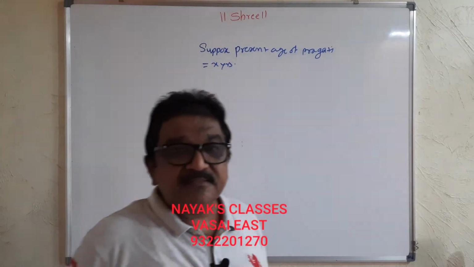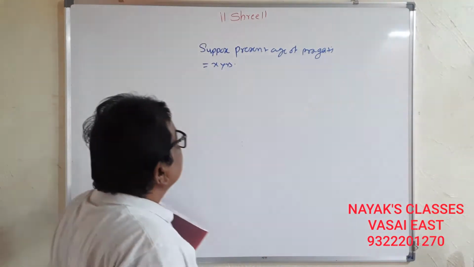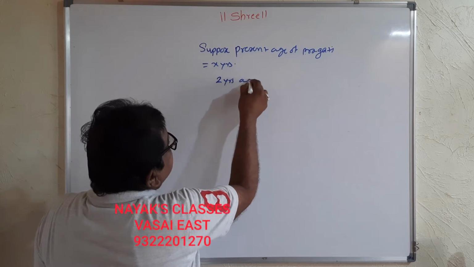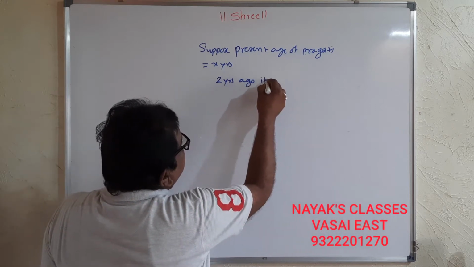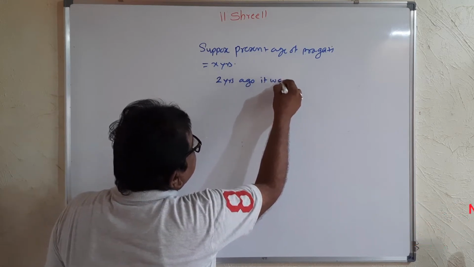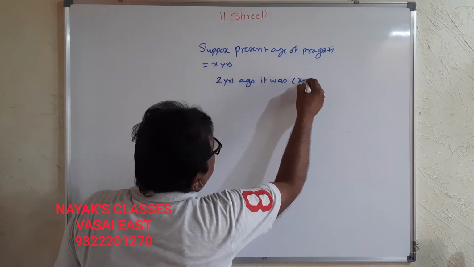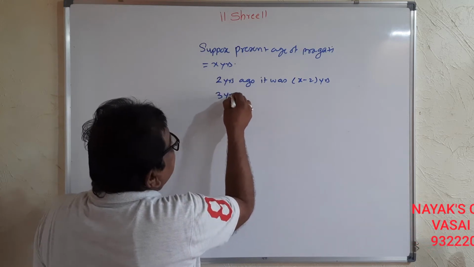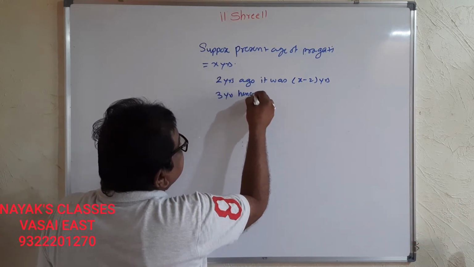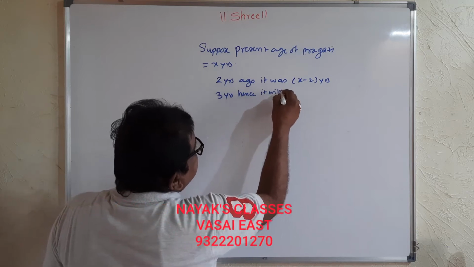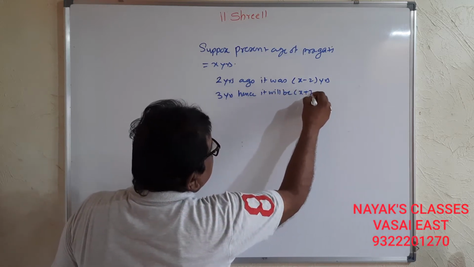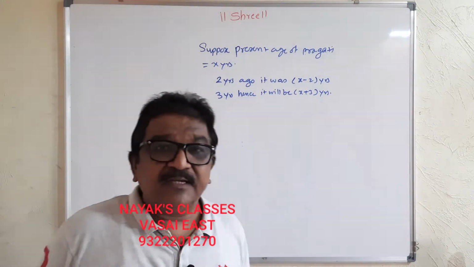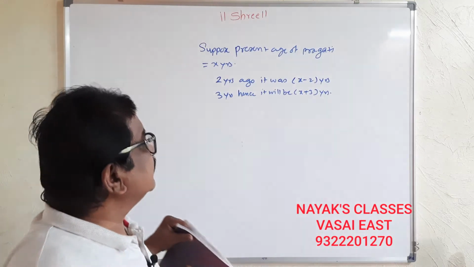So today's age is x years. 2 years ago, it was x minus 2 years. And 3 years hence, it will be x plus 3 years. So this assumption and primary things are over.